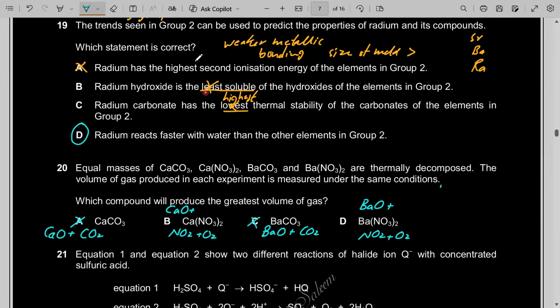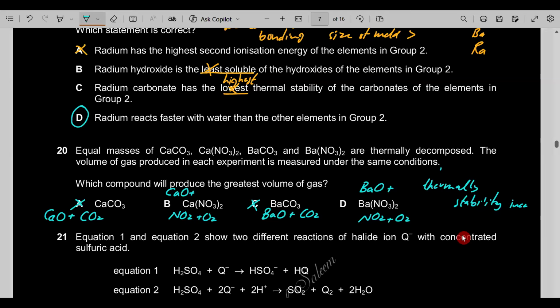As we said before in the previous part, the thermal stability increases down the group, so we can say that the compound which has more stability will produce less gas.